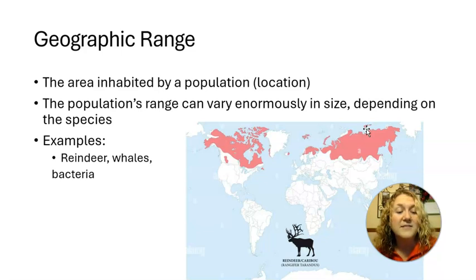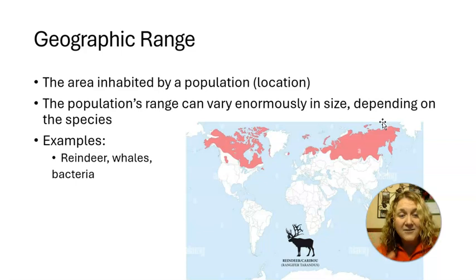We also have examples of whales, right? Whales migrate back and forth throughout the oceans. So they're going to have a very large geographic range. So that's where this varies enormously in size. And then we could also have teeny tiny bacteria. And the example that I thought of is that the geographic range for bacteria could be the rotting pumpkin in my backyard, right?